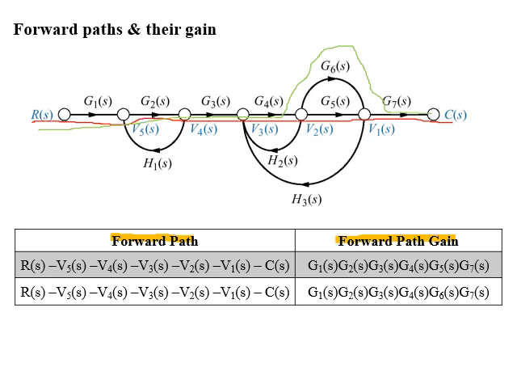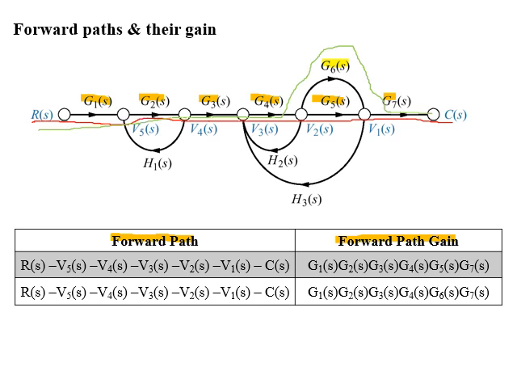Now look at their forward path gains. The first forward path has a gain of G1(S), G2(S), G3(S), G4(S), G5(S) and G7(S). Whereas the second forward path has a gain of G1(S), G2(S), G3(S), G4(S), G6(S) and G7(S).